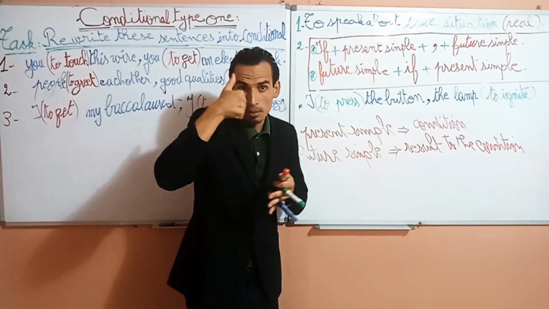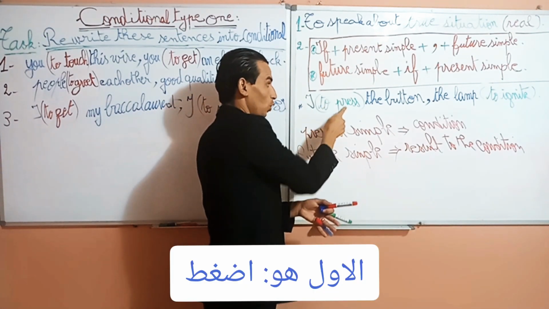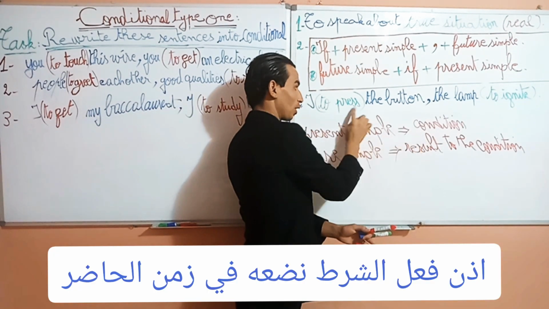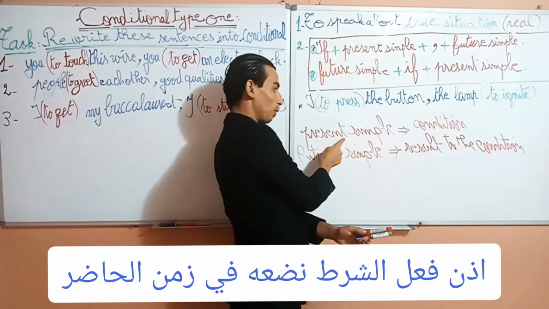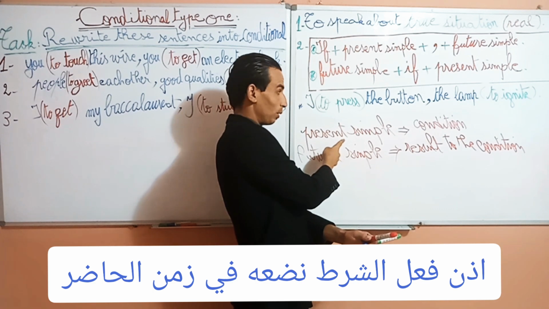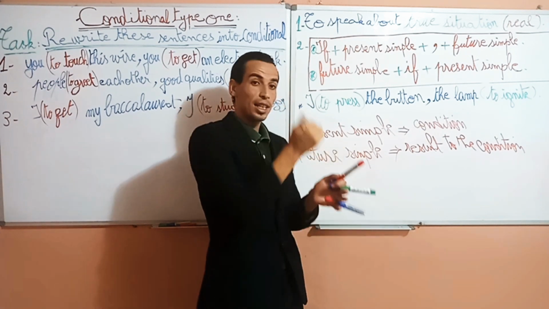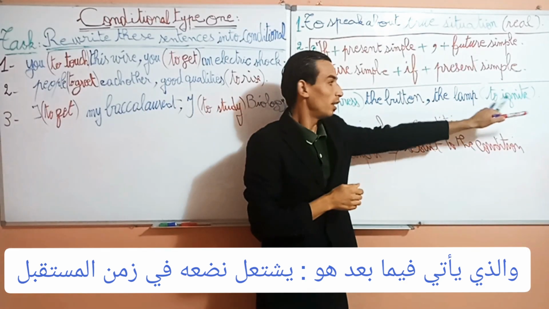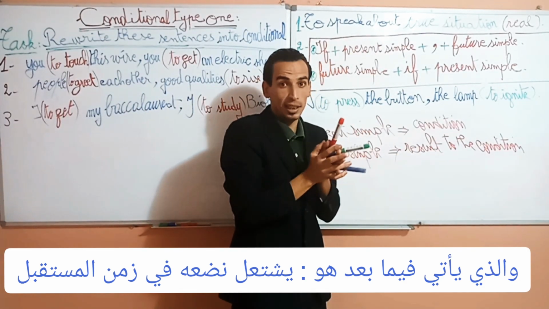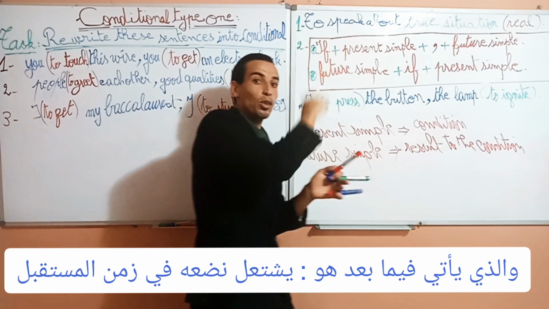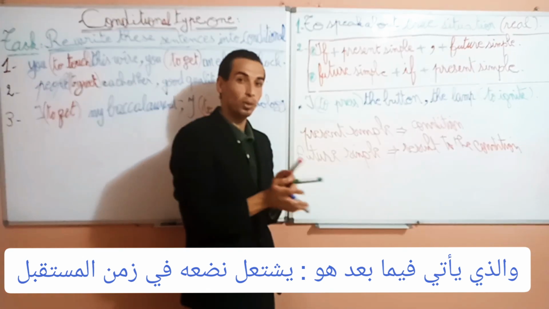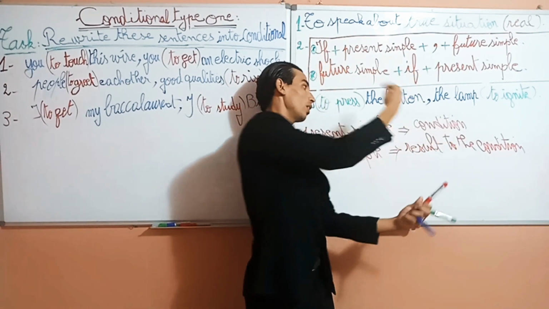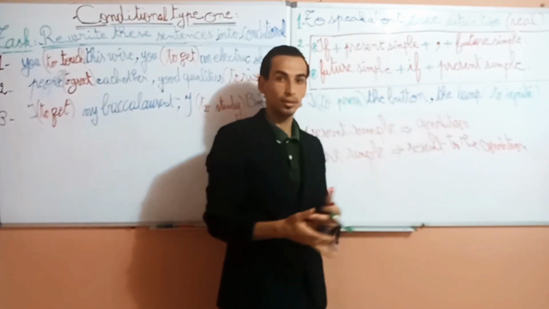Of course, number one is to press. So, verb which is condition, we put it in present simple. Very good. And the verb that comes after is to ignite, and we put it in future simple, and this verb is a result to the condition.